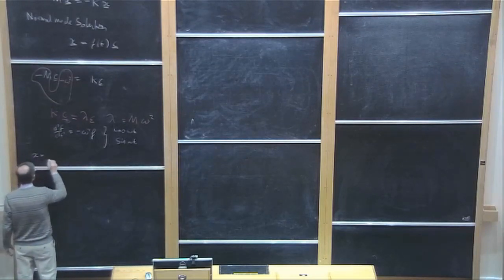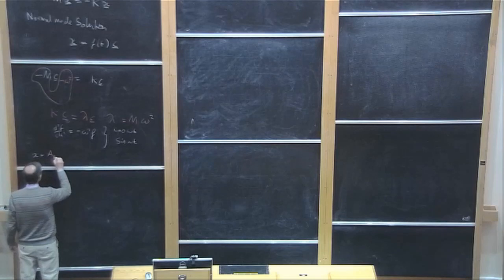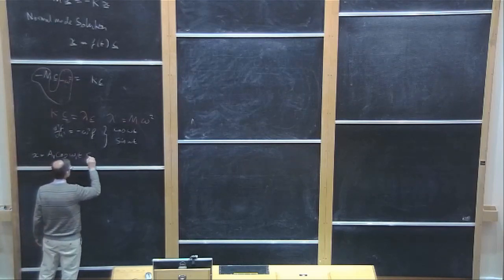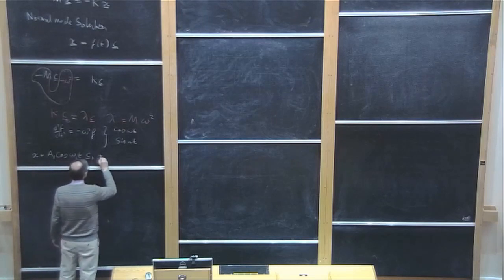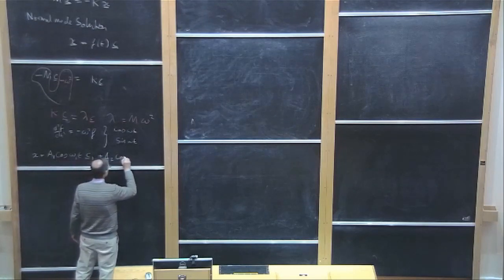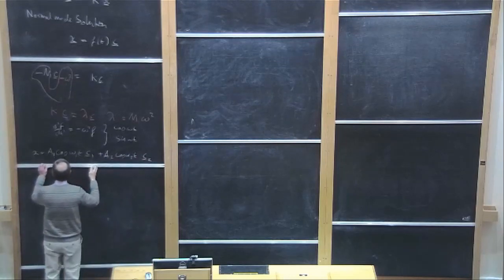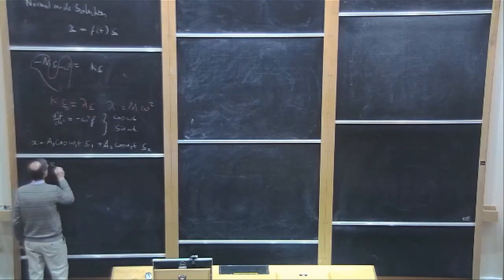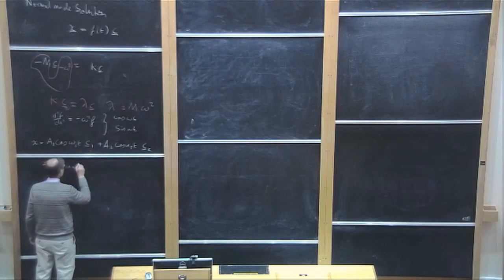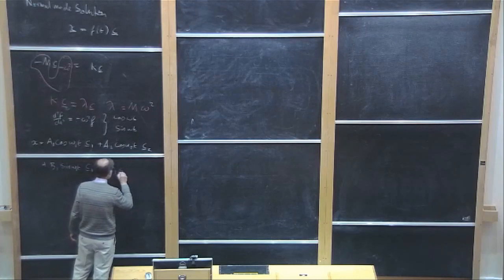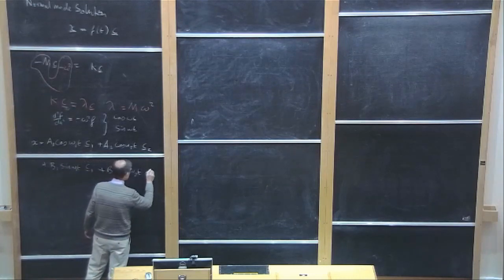x is a1 cos omega 1 t times c1 plus a2 cos omega 2 t times the second eigenvector plus b1 sine omega 1 t times c1 plus b2 sine omega 2 t times c2.